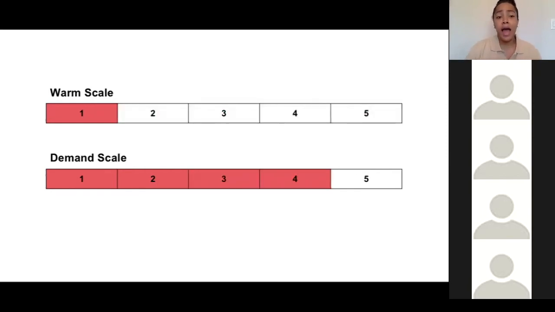If you found yourself the opposite, warm scale maybe at a 1, 2, maybe even 3, demand scale at a 4 or 5, then Kleinfeld would categorize you as a traditionalist, or another term for that would be the technocrat. And so these are people who are super enthusiastic about their content. They know their content very well.